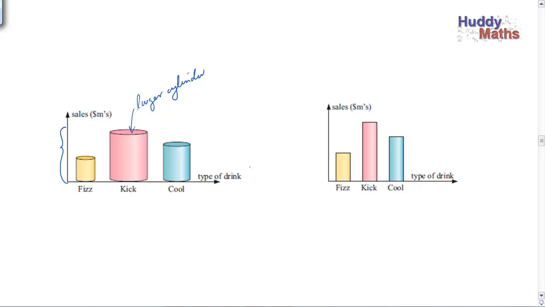If you look across here, the height differences are the same for all these. But this gives the impression, and this is definitely misleading, and deliberately so, of being a larger cylinder, therefore it's much better than fizz. When really it's twice the sales there, but this can suggest it's a lot more than twice because of the volume in here.